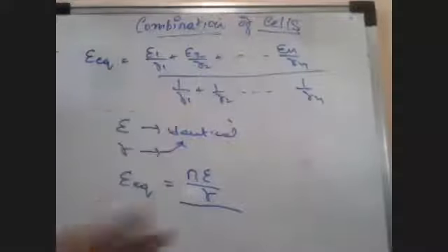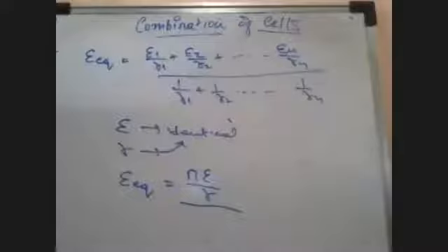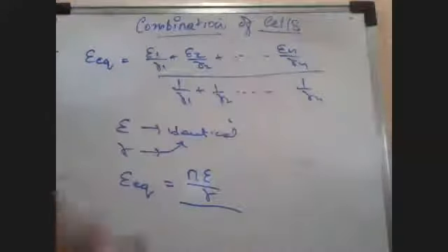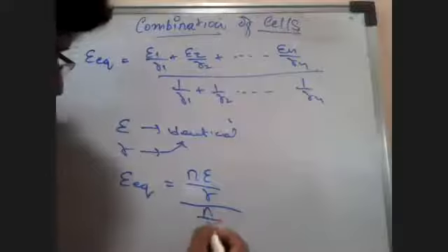If two resistors are in parallel, it is R by 2. If three resistors are in parallel, it is R by 3. If n resistors are in parallel, it is R by n. But it is 1 upon R here, so I will write the reciprocal, n upon R.